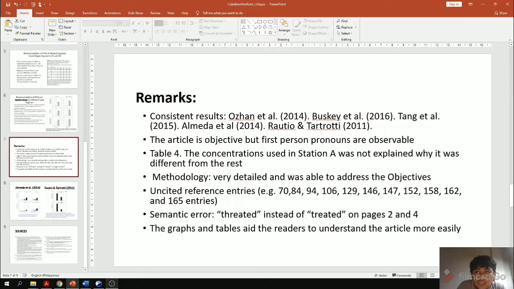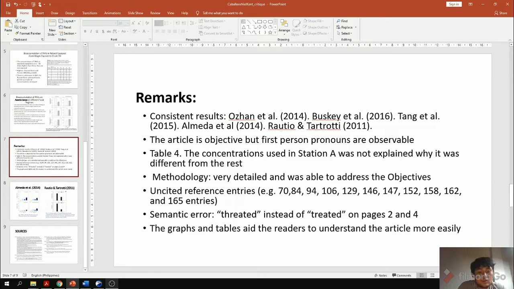This is because maybe in the methodology section, the journal did not allow any in-text citations in the methodology section. There are also semantic errors. The author used the word threated instead of treated on pages 2 and 4.